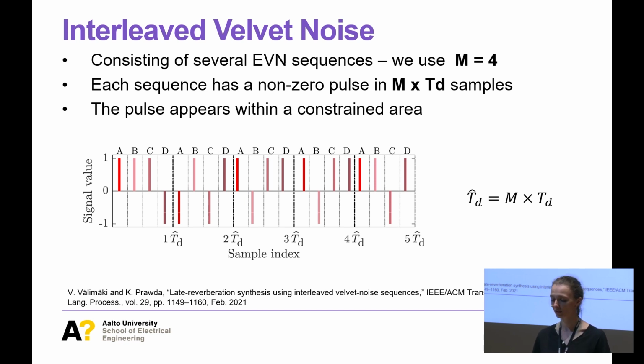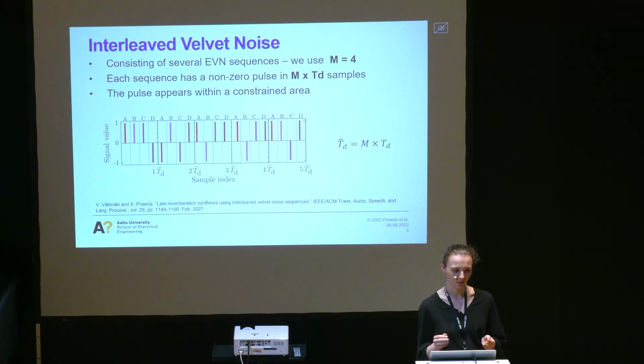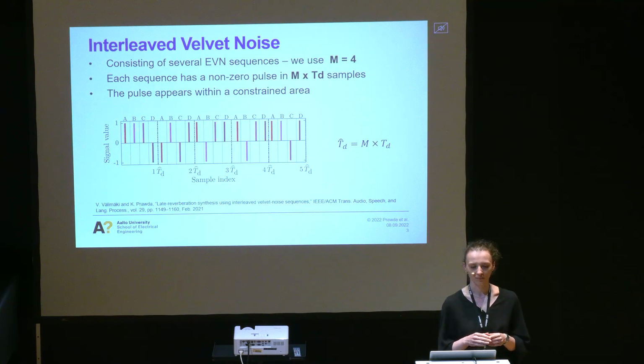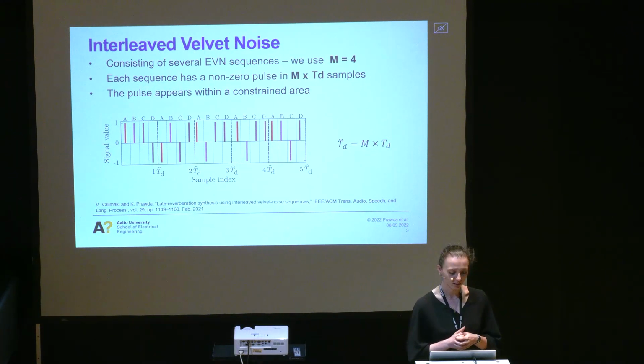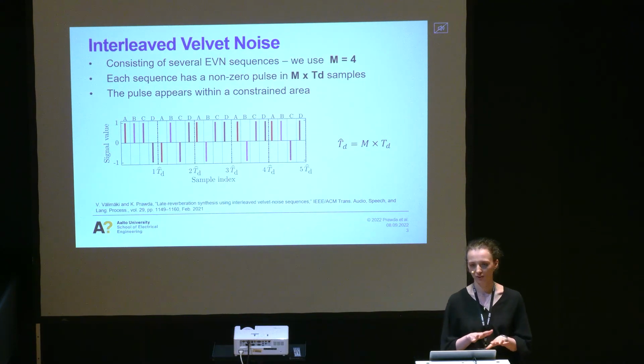So you can see that in the end we have this target velvet noise pulse density. The advantage of this method is that when it is used for reverberation modeling, usually having just one velvet noise sequence reused in the recursive structure caused some perceptual artifacts, like for example, Gloria was talking about flutter. And here we have 4 sequences that have different lengths.